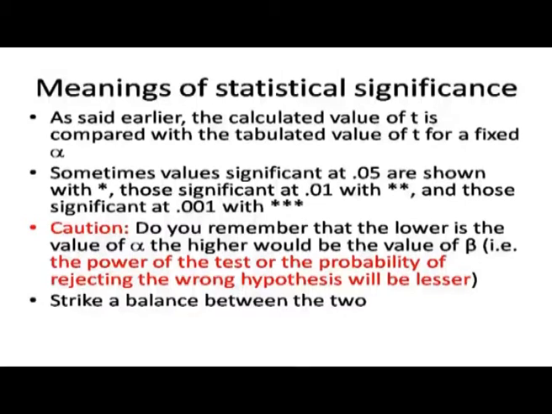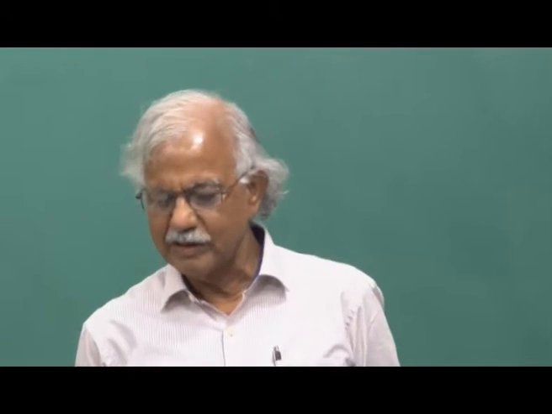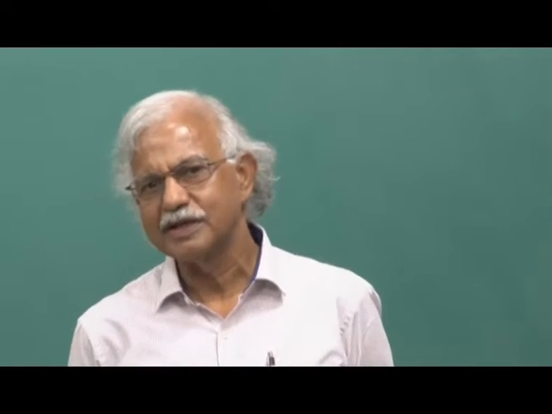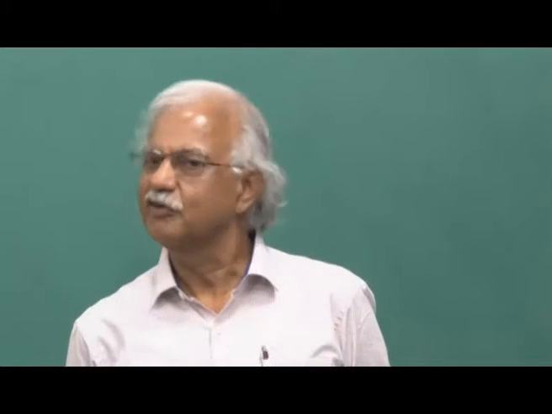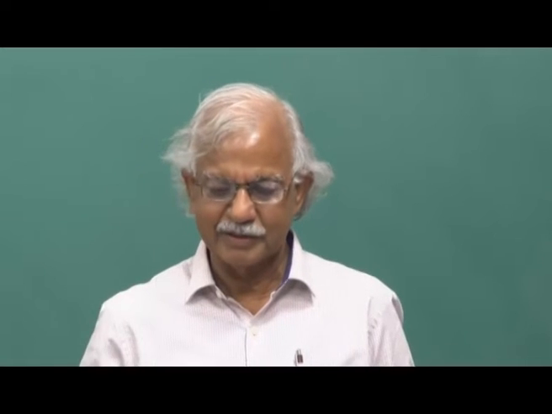Both the errors cannot be minimized simultaneously, and if beta increases, then the power of the test, means probability of rejecting a false hypothesis would decrease. Low alpha, more beta, less power, less probability of rejecting a false hypothesis. This is how alpha and beta are interpreted.